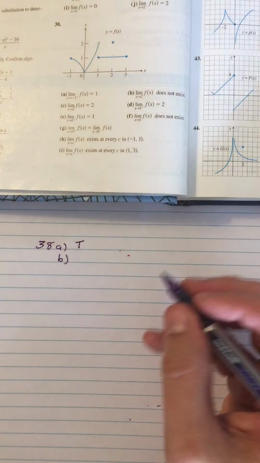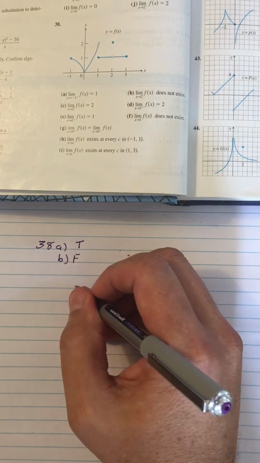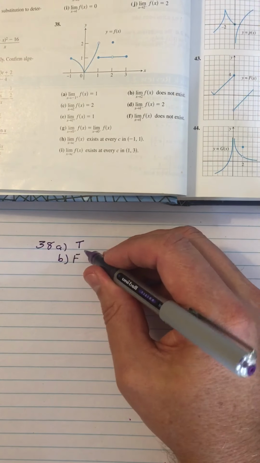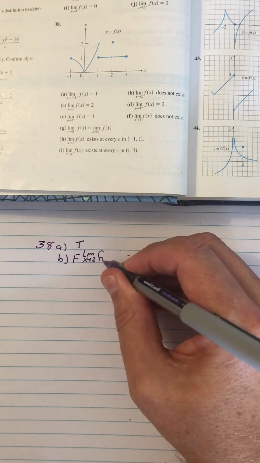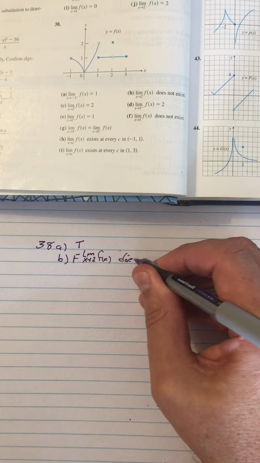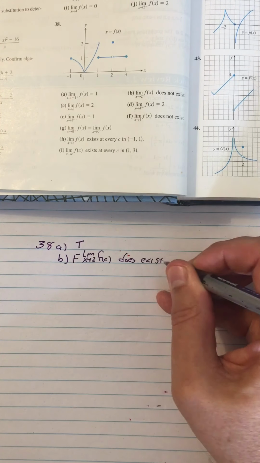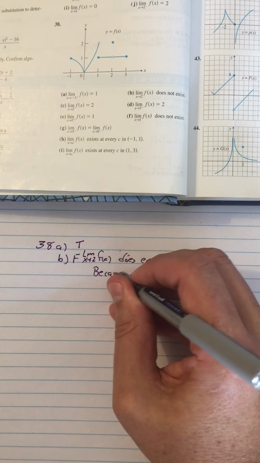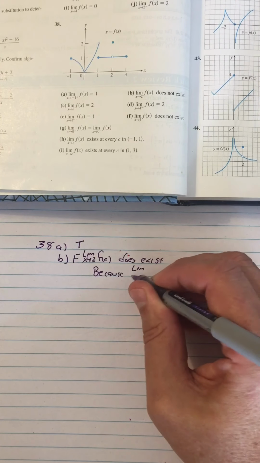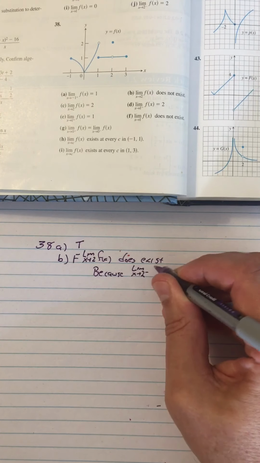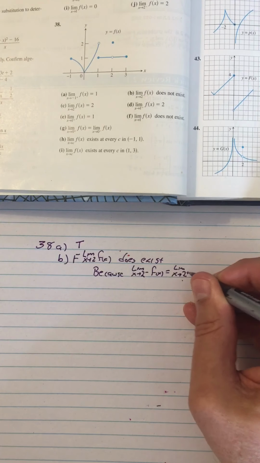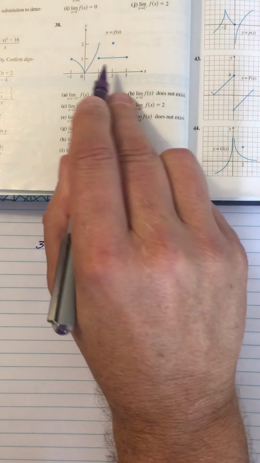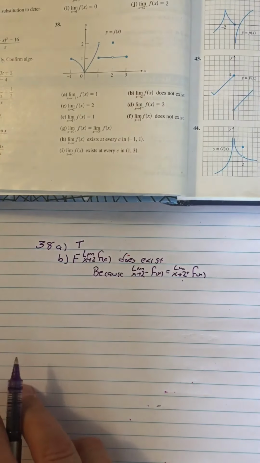I don't want you to just say false; I want you to say what is true then. The limit as x approaches 2 of f of x does exist, and since it's a full limit, let's justify it, because the limit as x approaches 2 from the left of f of x is equal to the limit as x approaches 2 from the right of f of x. If I come from the left, I come from the right, I come to the same value, which is 1.